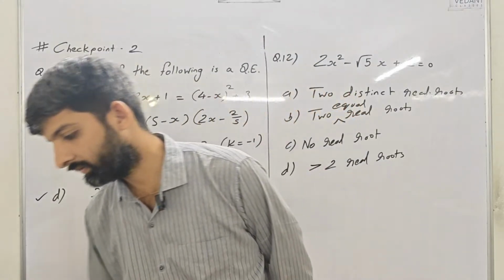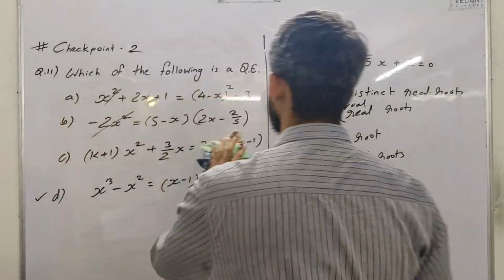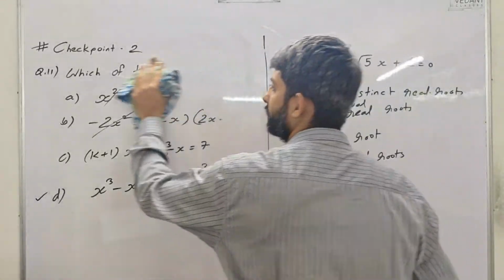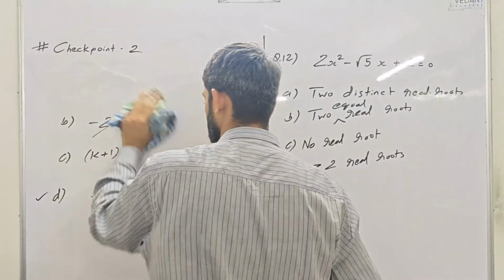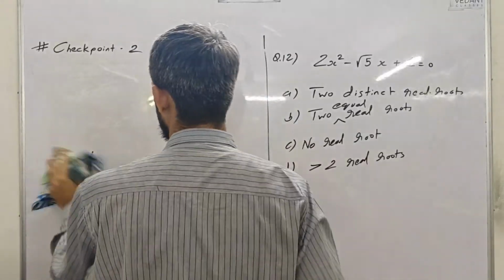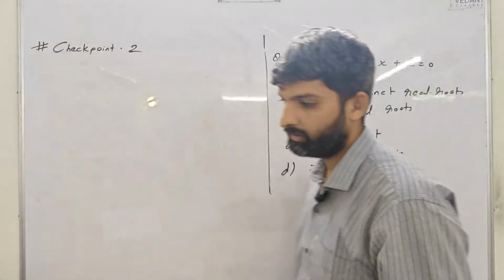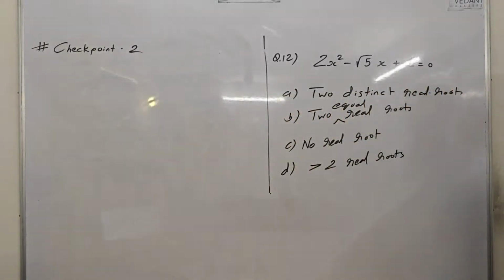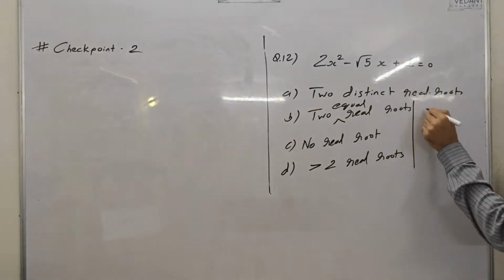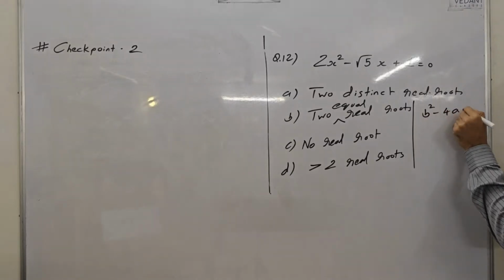Okay, let's solve and check whether it is correct or not. We need to find the discriminant to identify the nature of the roots. The discriminant is b square minus 4ac.